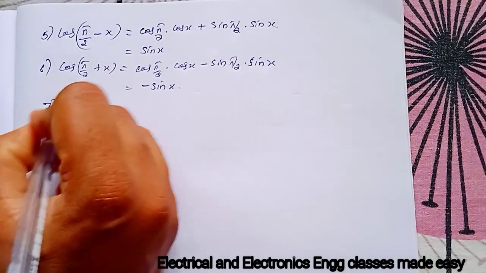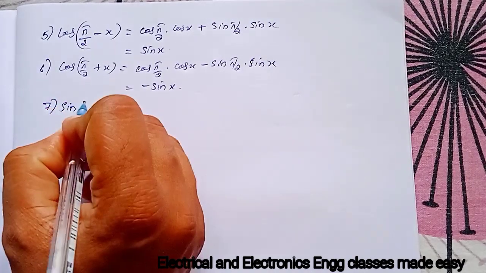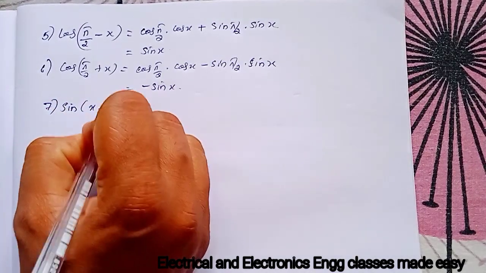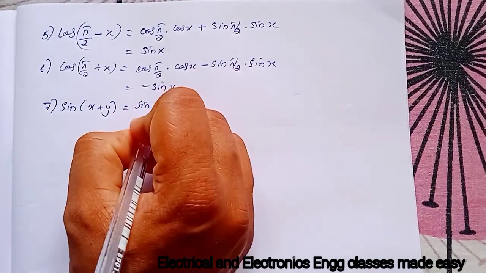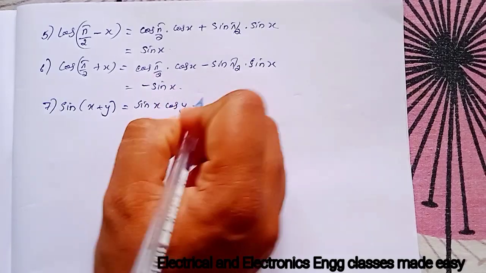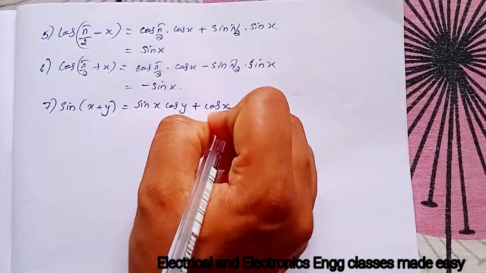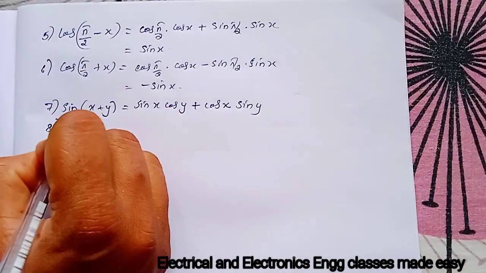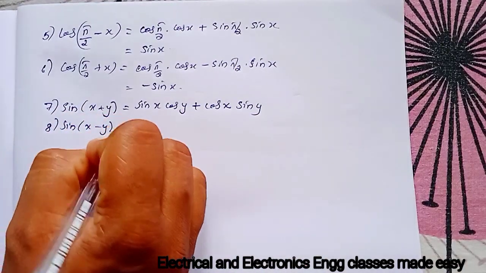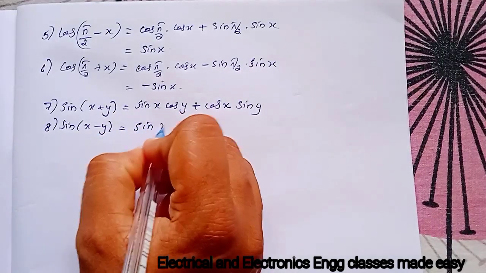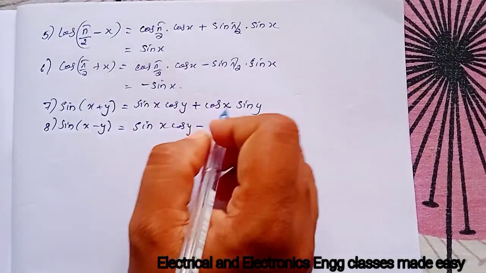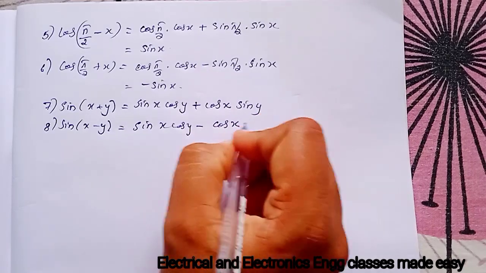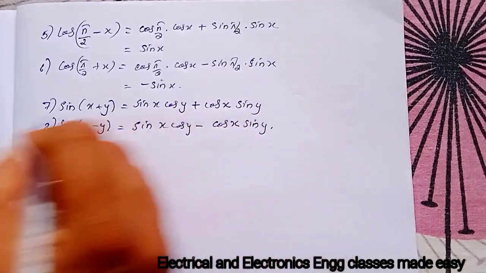And we have the identity sin of x plus y is equal to sin x cos y plus cos x sin y, and sin x minus y is equal to sin x cos y minus cos x sin y.